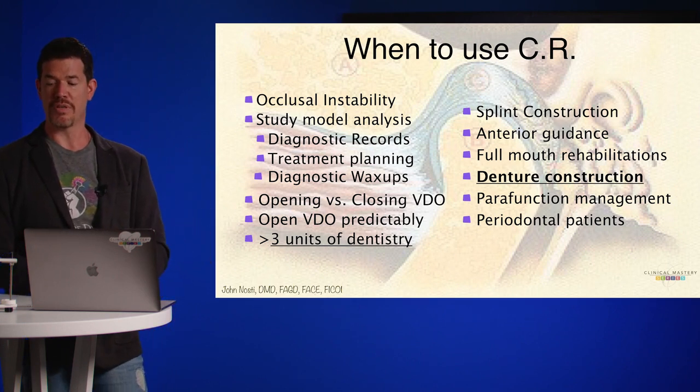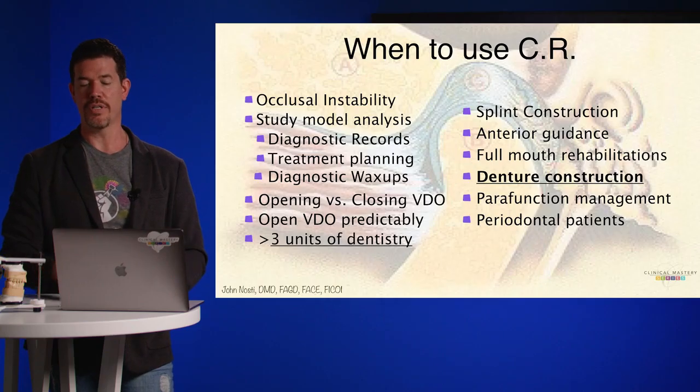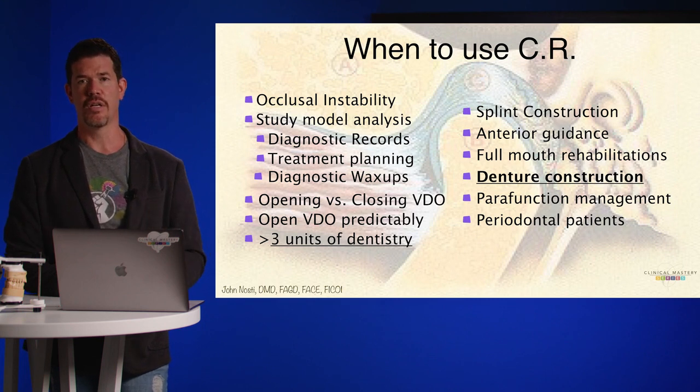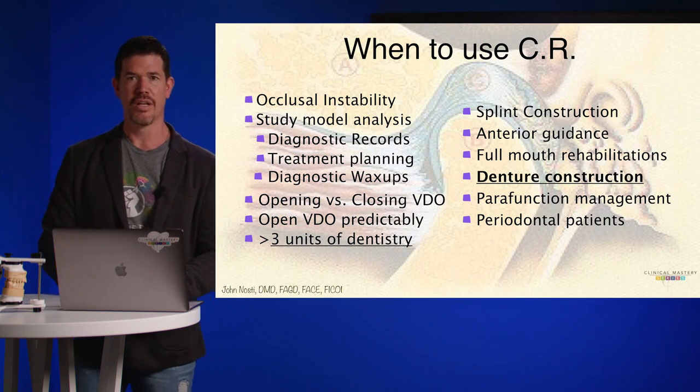If I'm going to perform a study model analysis, like we see here on my tabletop, or if I'm going to sit down and analyze that patient's bite, I want to start from a reproducible position, which is centric relation. So anytime I'm doing diagnostic records, I'm going to take that from a centric relation position. If I'm treatment planning a patient, I'm going to start from a centric relation position.